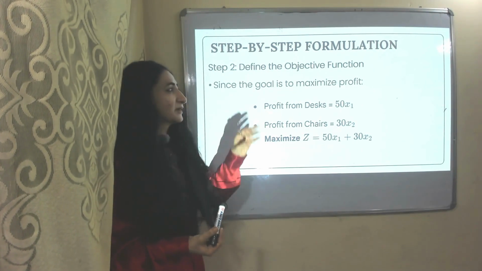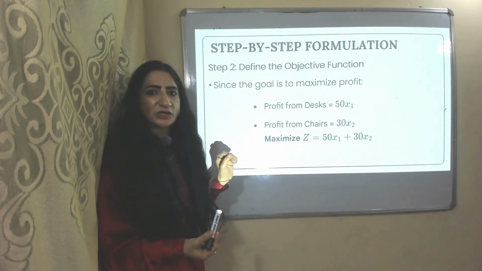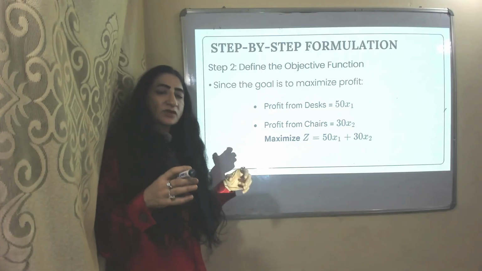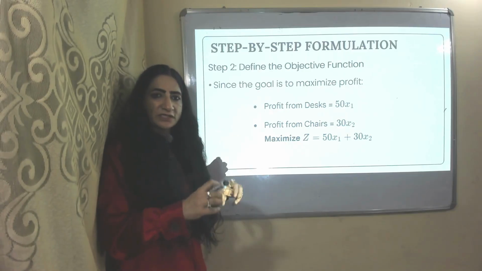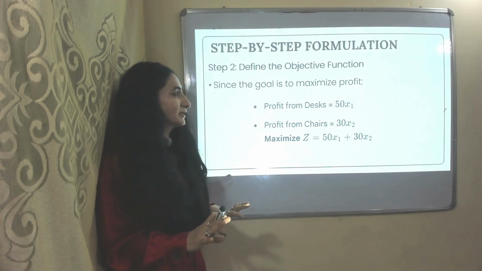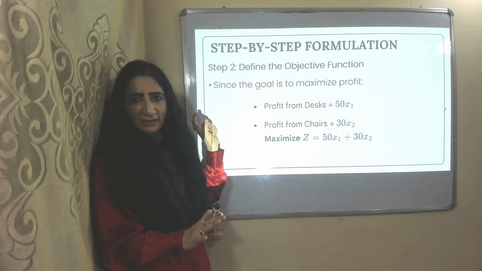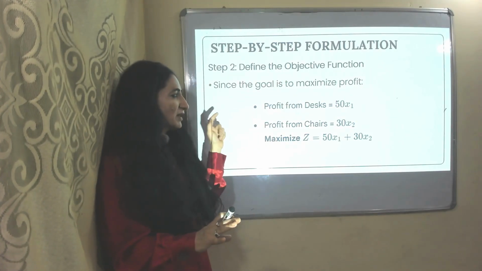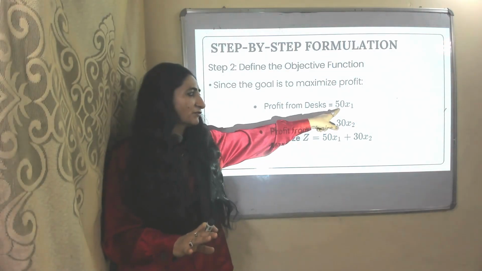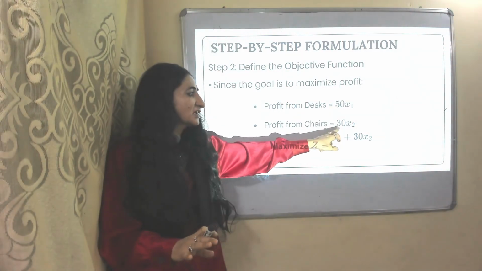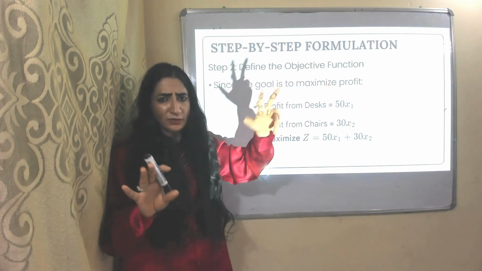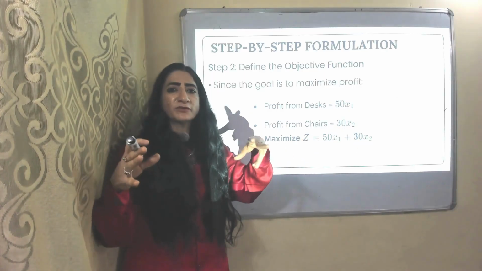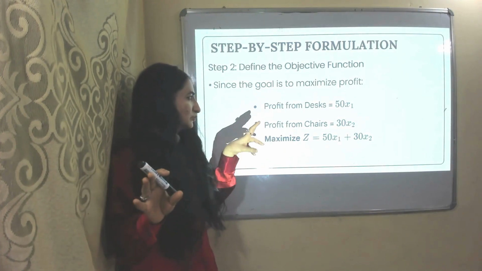Second step, define your objective function. That means what is your main goal, what is your main objective which you want to achieve through linear programming. So, as we earlier discussed, each desk gives us a profit of 50, each chair gives us a profit of 30. X1 is the number of units of desks we need to produce, X2 is the number of units of chairs we need to produce.